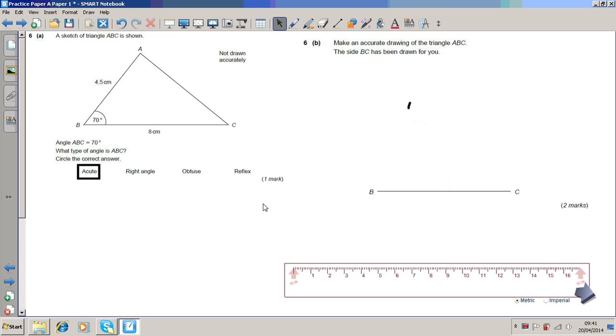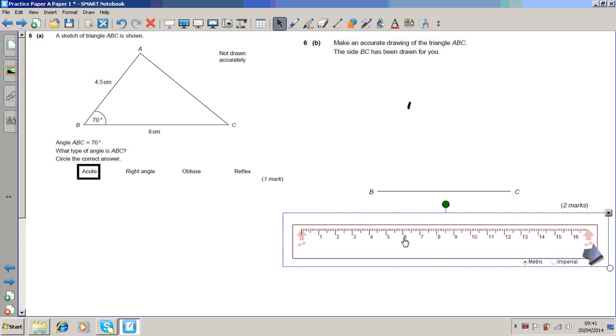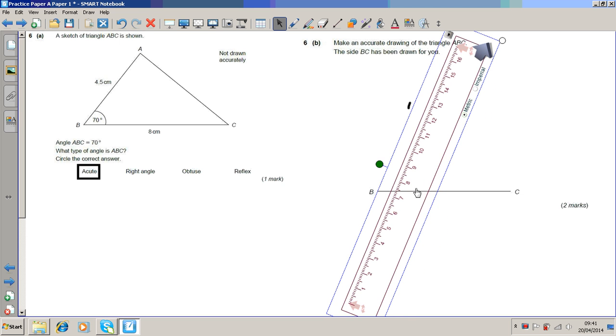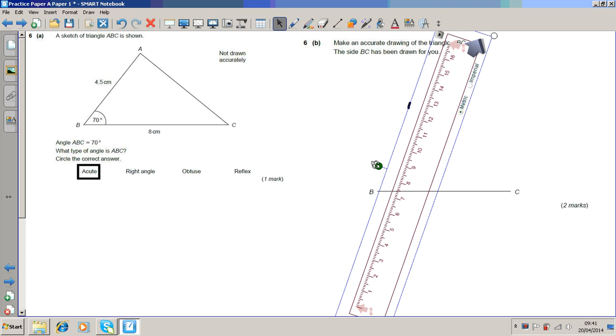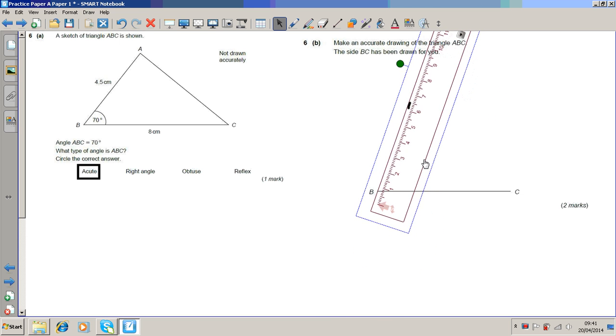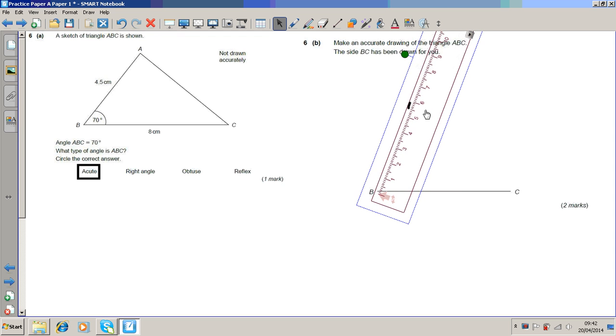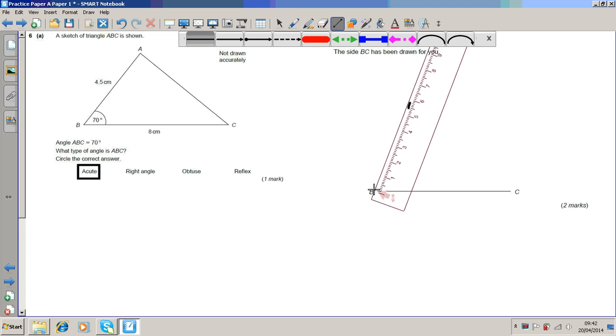Okay, so now we've got to measure 4.5 centimetres through that point there. Bear with me while I just get my ruler lined up. Okay, so through your point, then we're going to do a line which is 4.5 centimetres long.